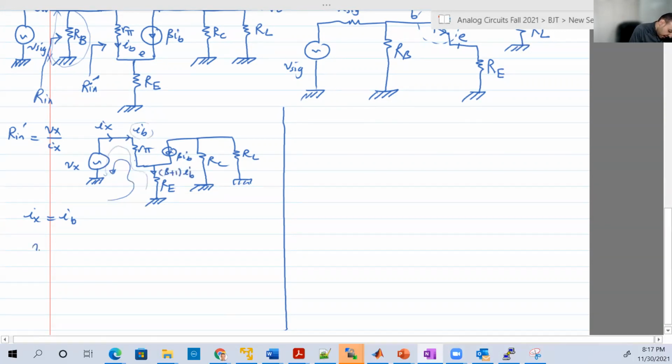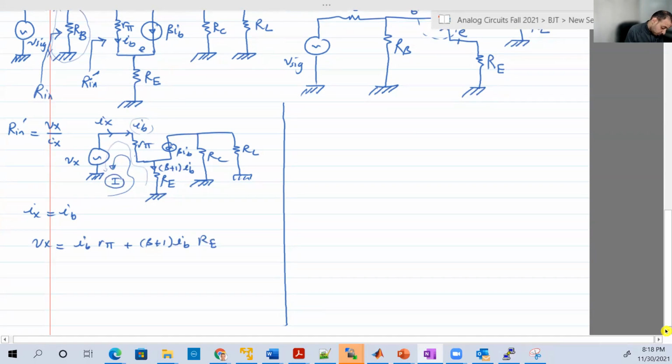So from that loop, VX equal to IB RB, just make Kirchhoff here, plus beta plus 1 IB RE. This is just Kirchhoff from that loop 1 here. Okay? So now R input dash equal to, just divide Vx by IB. So IB will just cancel out, so it will be RB plus beta plus 1 RE.